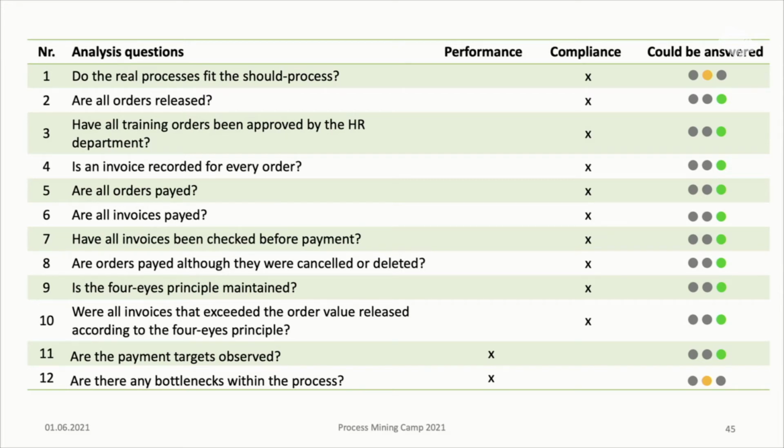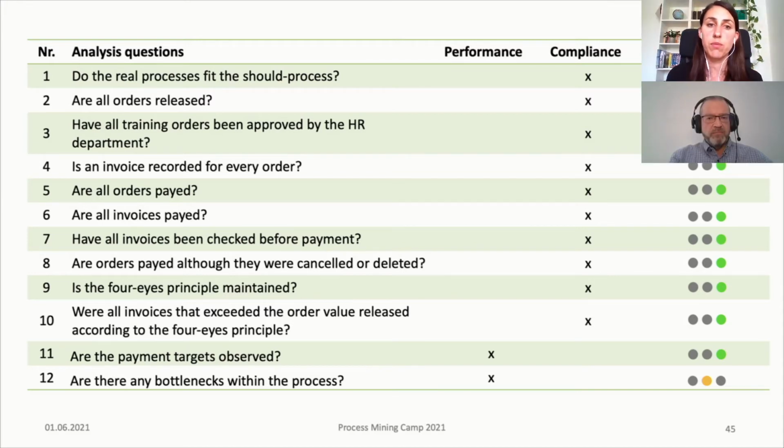So when, for example, doing a should-be comparison, of course, we had our problems because we had to do those simplification steps, those clustering and mapping approaches in order to come to results. And here we were not at the end able, for example, to state the percentage of cases that really fit the should process.